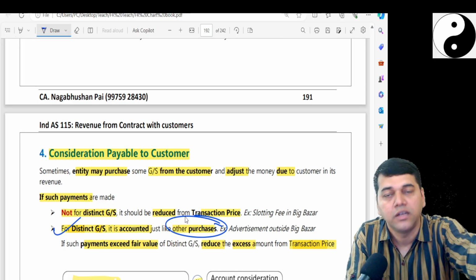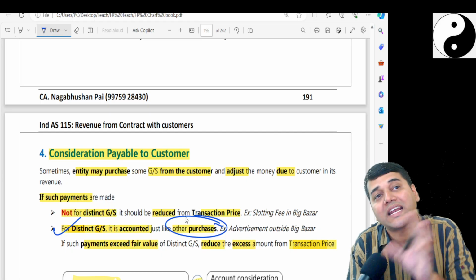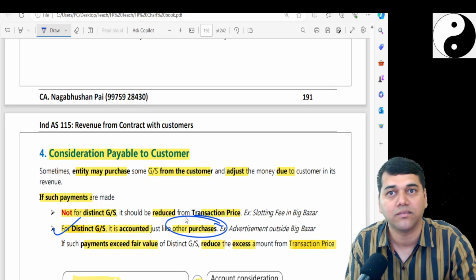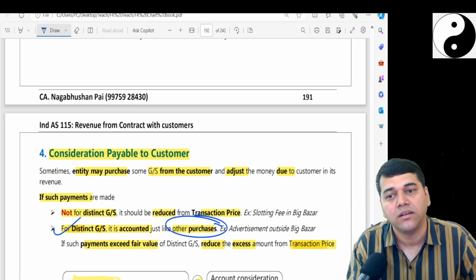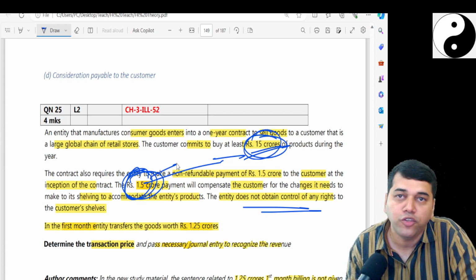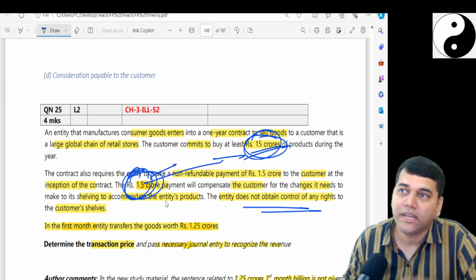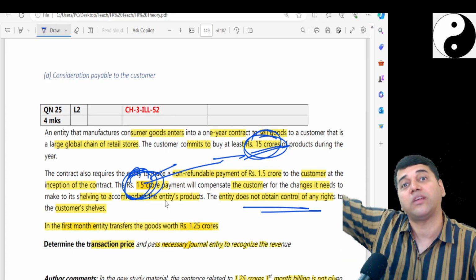Is it for a shelf? Did you get that shelf? No. You got only a right to keep your material there. If you don't sell 15 crore, is this shelf of any use to you? Or can you say, sir, I will not sell, I will sell my right to somebody else?